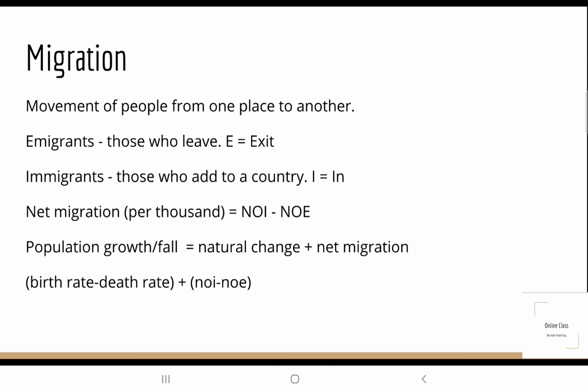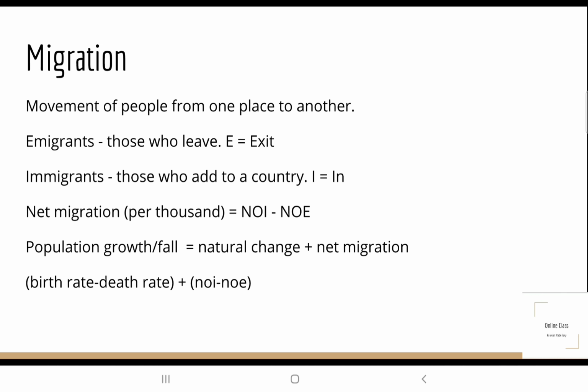Those who come to a place, who add to a country, are immigrants, and in begins with an I, the first letter of immigrants. So that's just a way to easily remember. Emigrants exit, so they leave. Immigrants come in, so they add to a country's population.